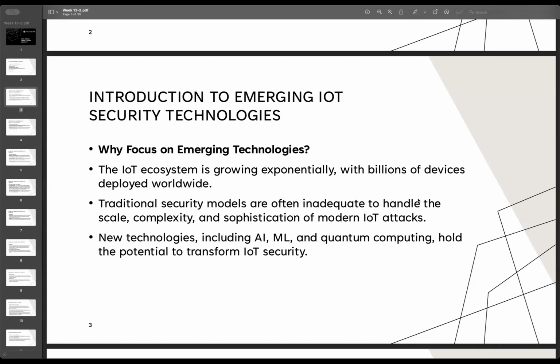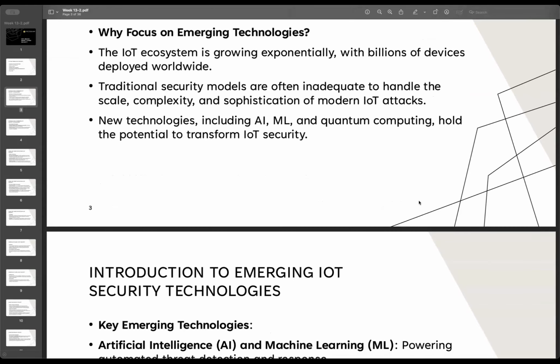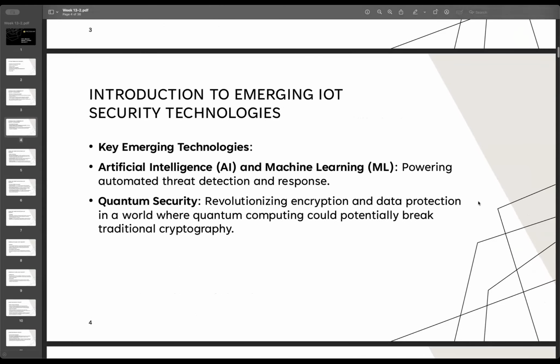Because when we apply new technology, we need to clearly know that the new technology has its own vulnerabilities and risks. So how can we prevent them? This we mainly learn in this part. We apply it, and then we need to know what the risk is. We try to use things like AI and machine learning to power automated threat detection and response, but attackers can also use AI and machine learning to carry out attacks.